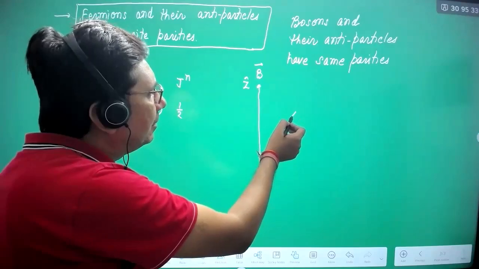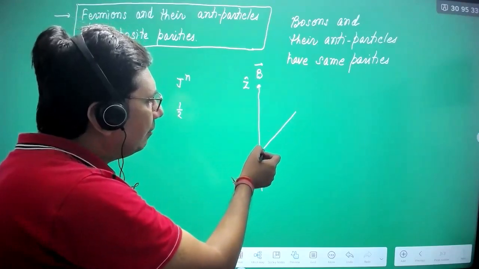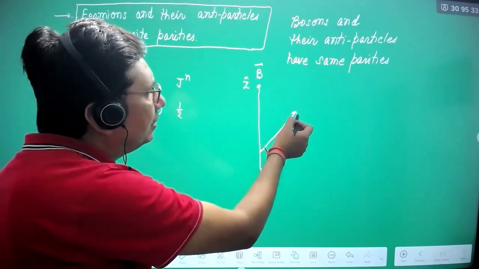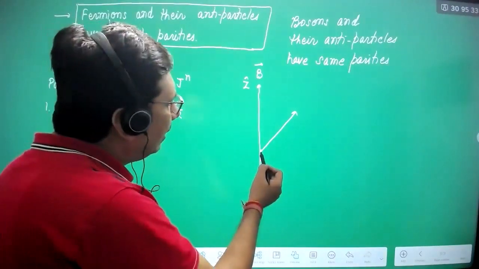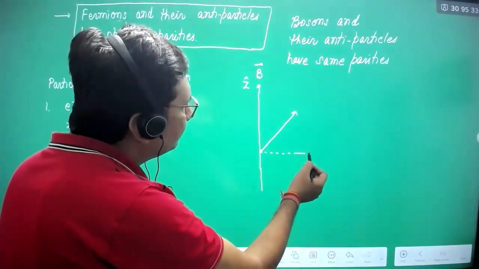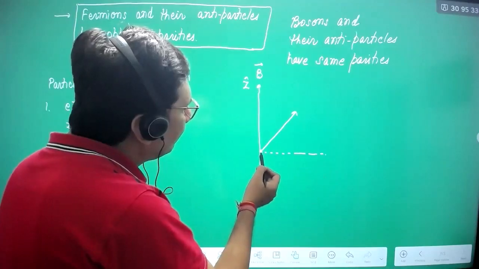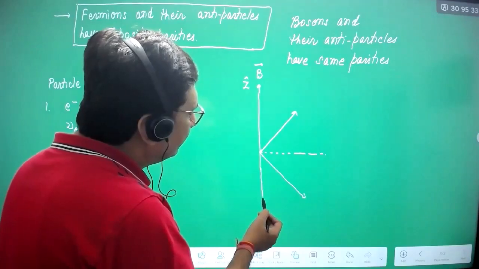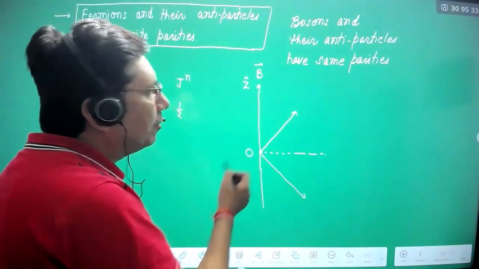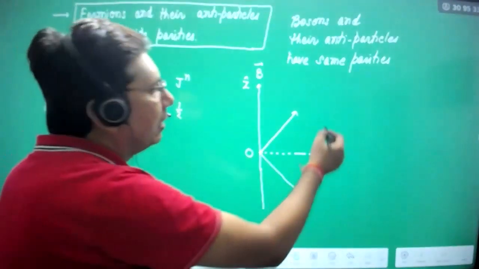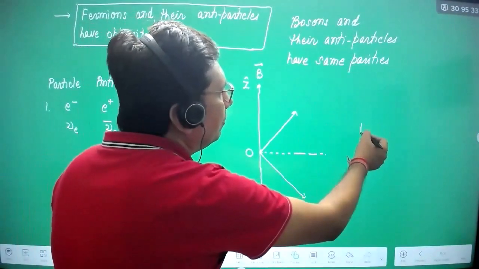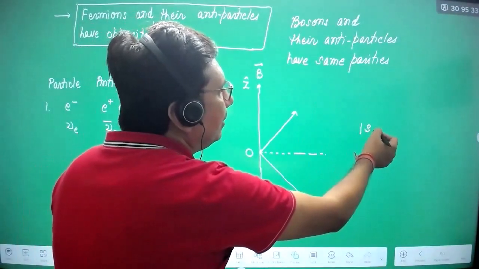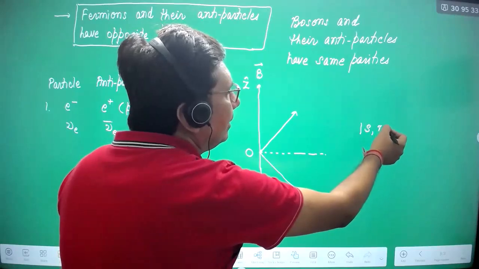This electron spin can have two possible orientations. One orientation will be like this, and another orientation will be like this. So these two possible orientations are there. But remember this, basically here how to represent the spin state, that will be S, and you write it as ms.